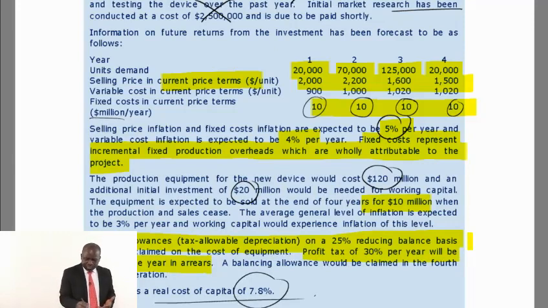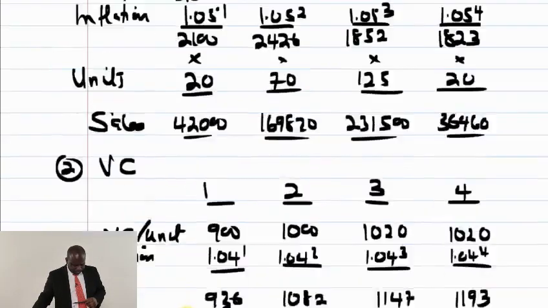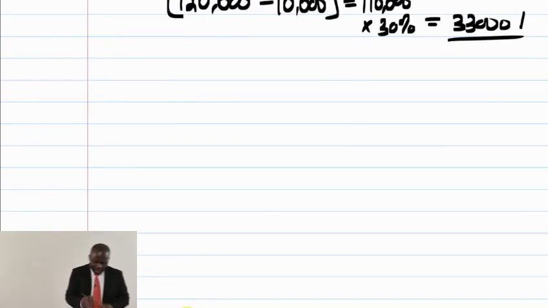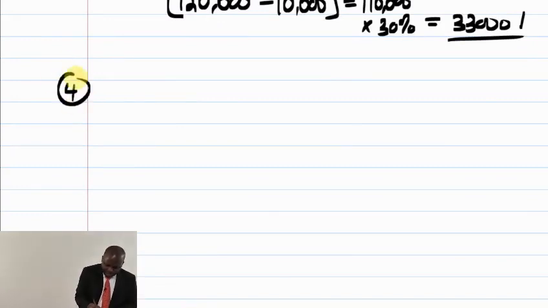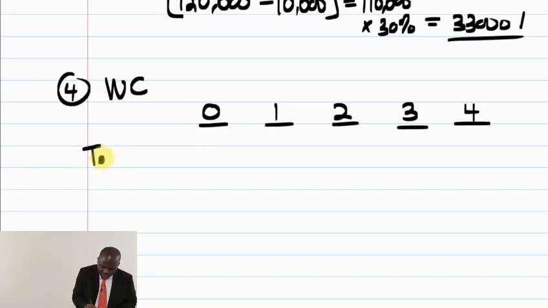Question is telling us working capital is increasing by 3%. If working capital is increasing by 3%, let's go and do the workings on the working capital. So I would say, is it workings 4? I think so. On working capital: year 0, year 1, year 2, year 3, year 4.